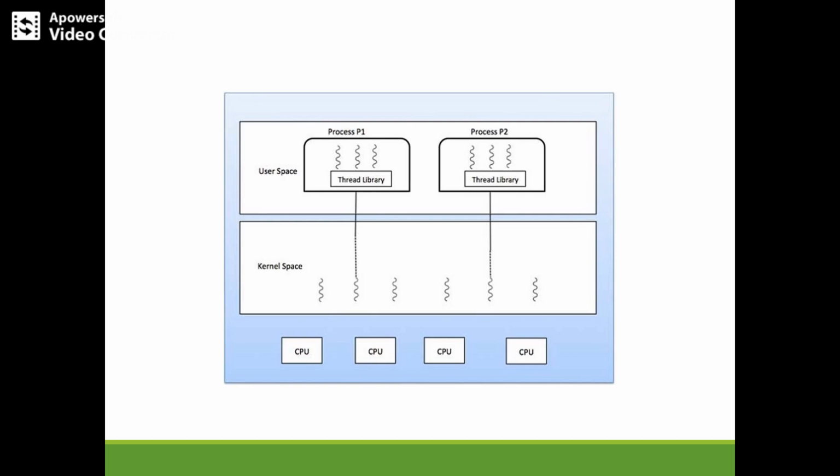But if one thread makes a blocking system call, no other thread will be able to run, the entire process will be blocked, since only one thread can access the kernel. So that is the drawback of the many to one model.